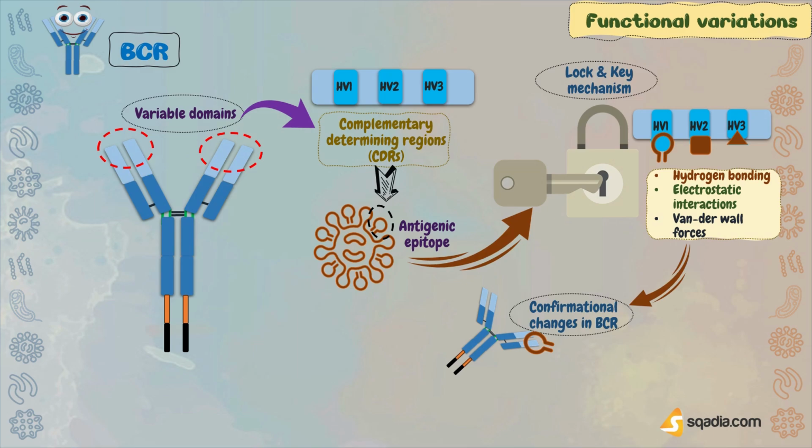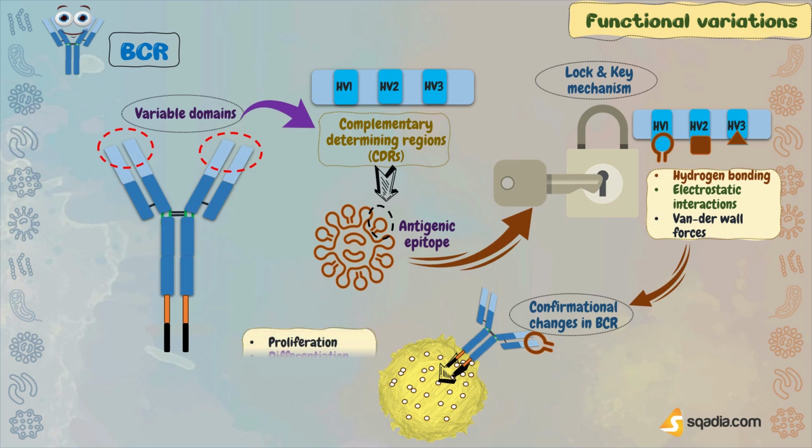And this specificity and affinity is the result of the diversity of BCR that is generated through genetic rearrangement that we will discuss later. So, by any of these forces, binding of an antigenic epitope to a BCR can induce conformational changes in the BCR, triggering intracellular signaling pathways that lead to B-cell activation and subsequent immune responses.